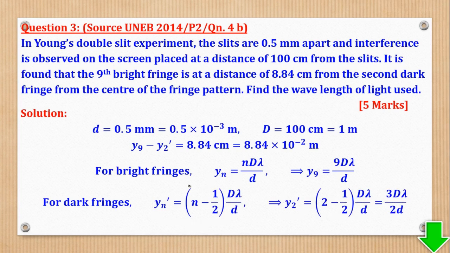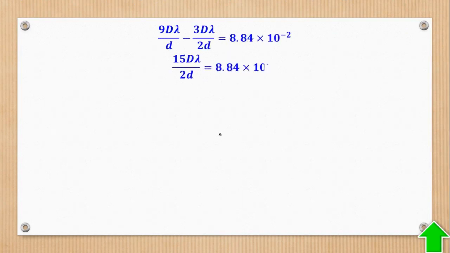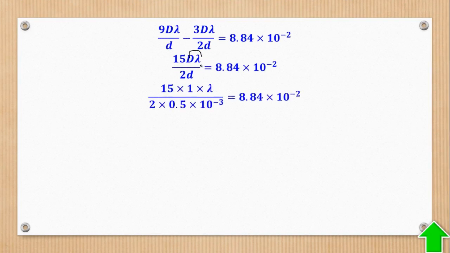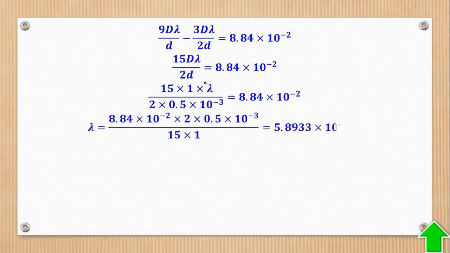Therefore I'm going to subtract the 2. When I get this minus this, I'll be able to equate it to this, which was given. So I'll come and substitute for yn and y2. Simplify and then substitute. Capital D is here, small d is here, then I can make lambda the subject. And that's what they wanted.